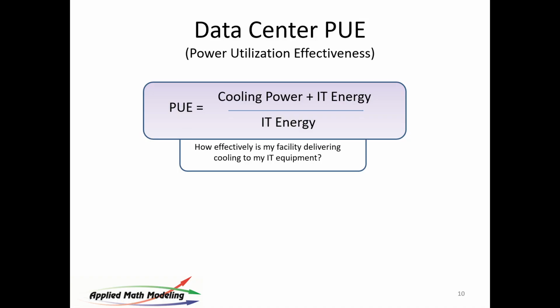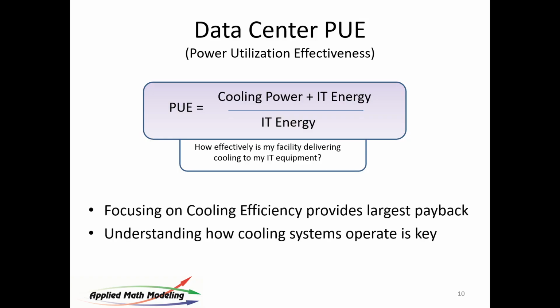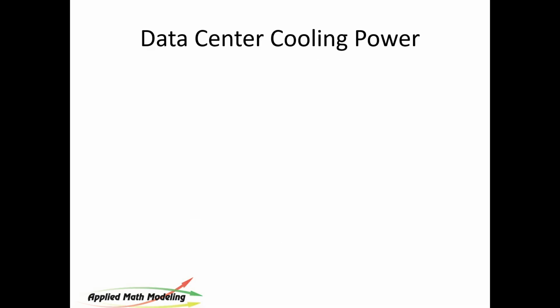So you can ride efficiency curves by buying new equipment that is more efficient. I'm talking here about transformers and power distribution units and IT equipment itself. But it is the cooling power that you must concentrate on. Focusing on cooling efficiency will provide the biggest payback to a data center, and understanding how cooling systems work is key to this entire process.